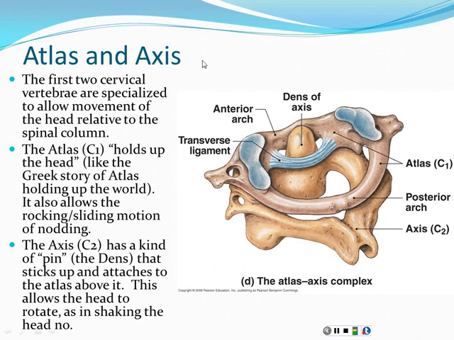So the atlas and the axis have this unique arrangement. Now, while the flexibility here is good, anytime a thing is flexible, it also means that it's weaker. One of the reasons we pay particular attention to neck injuries, like after a car accident or trauma, is that this dens can actually snap off.